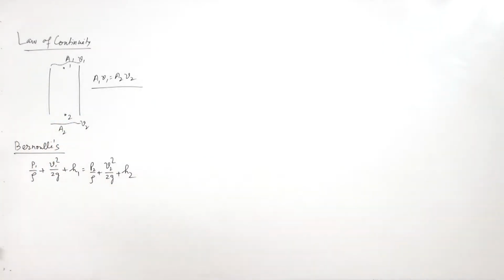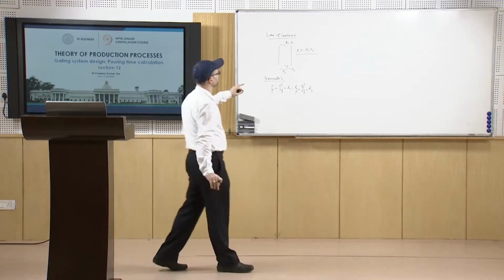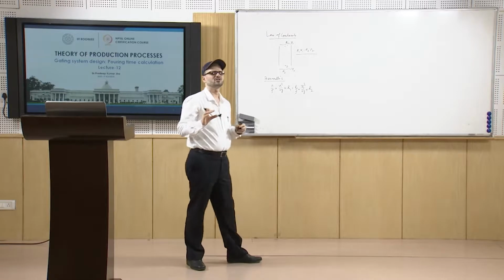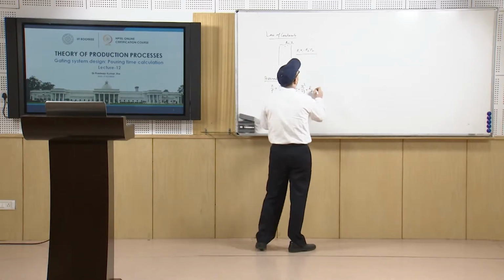So, if you have two points, this sum has to be the same. That is what Bernoulli's equation tells. Now, in this case, you may have a loss term.